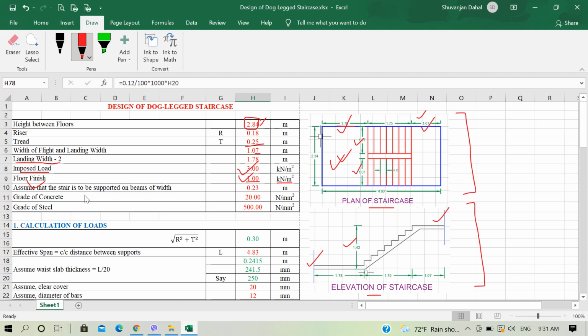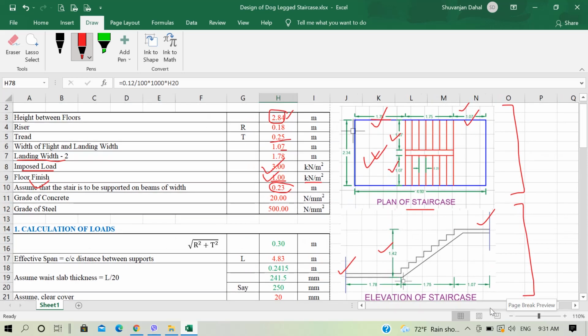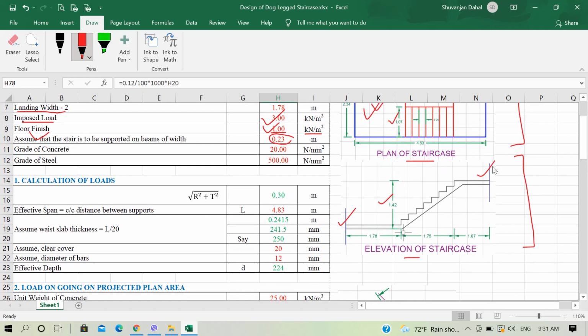And assume that the stair is to be supported on beams of width 0.23 meter. Let's see in our diagram here. In the elevation, this line that I have drawn at the ends represents the end of these slabs.